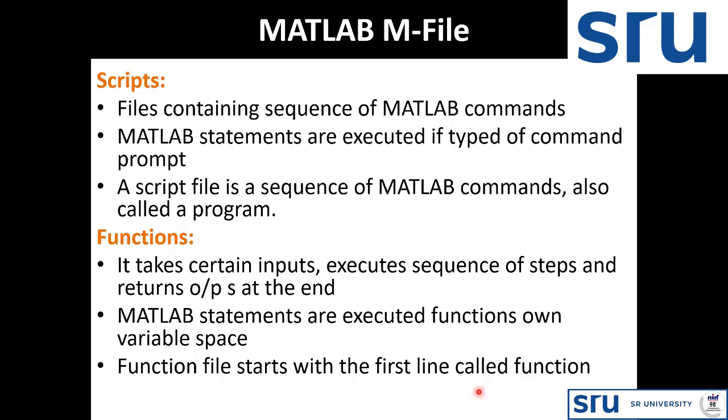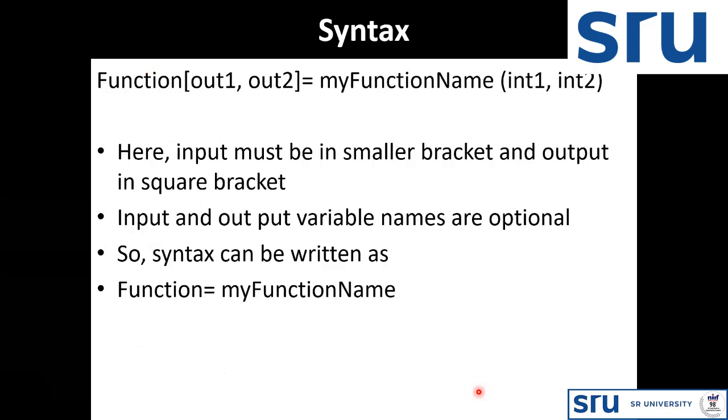We will see from the example, then we will have a better understanding of the difference between a script file and a function file. So this is an example of a function file. A function file must start with the word function. This is the first criterion.